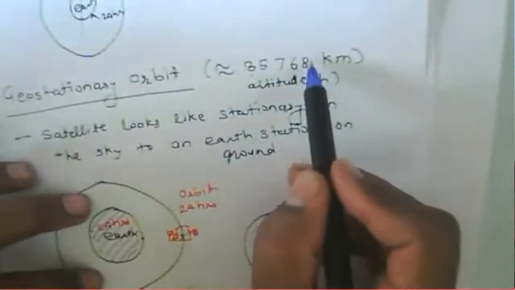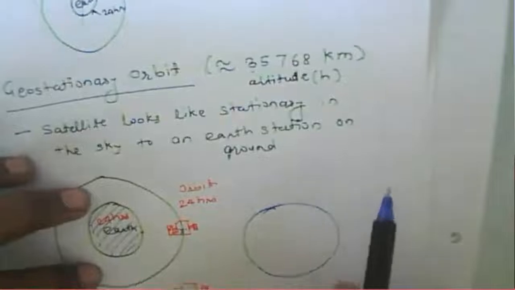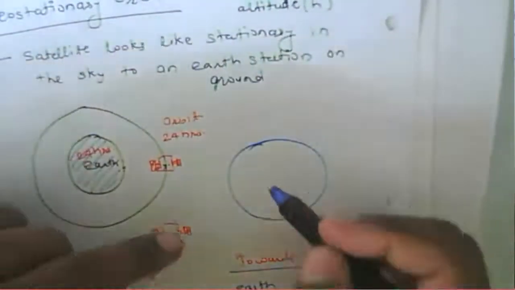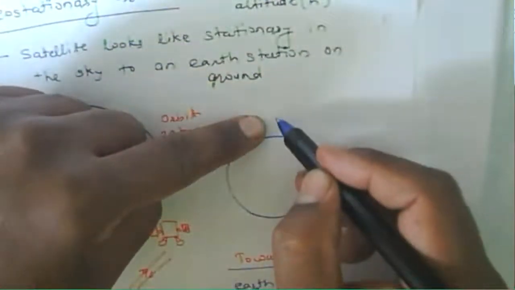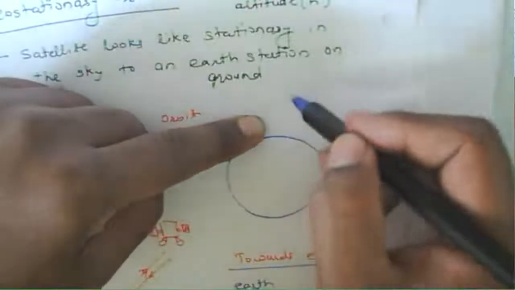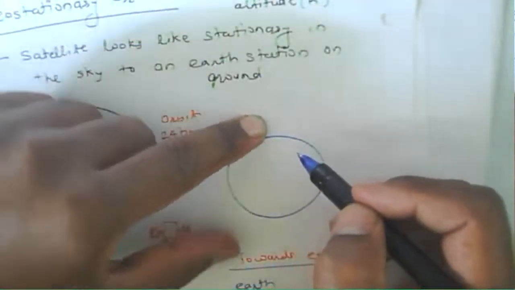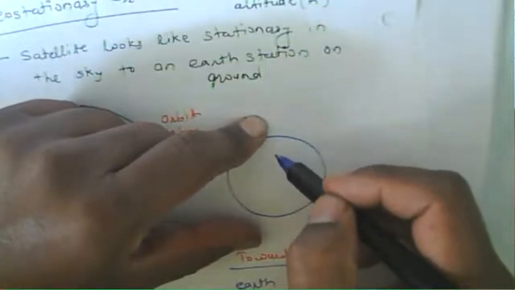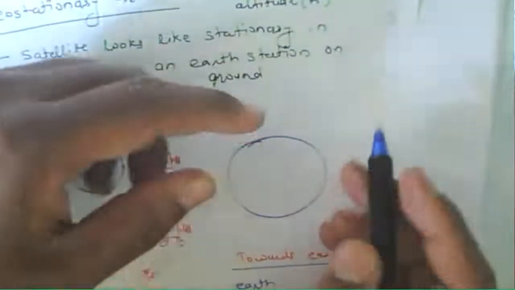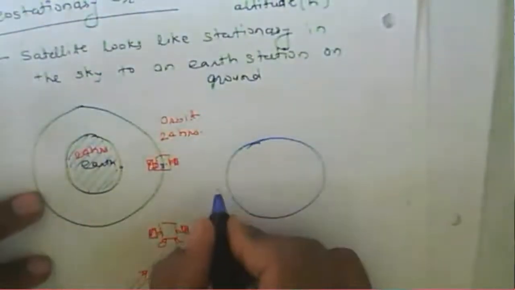Then that height, that 35,000 kilometers, is to be fixed. But if the satellite is rotating from north to south in a polar orbit, in that case the altitude changes.